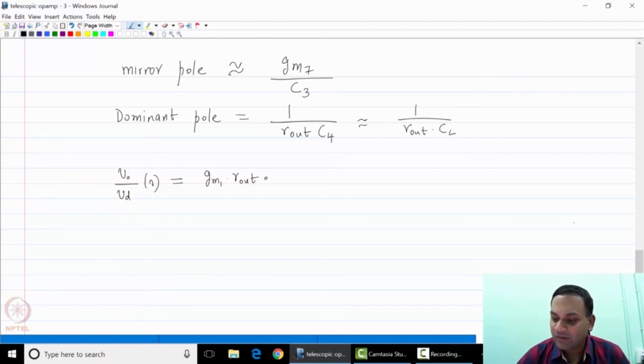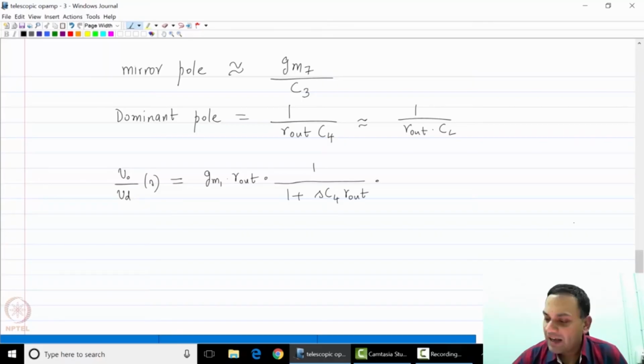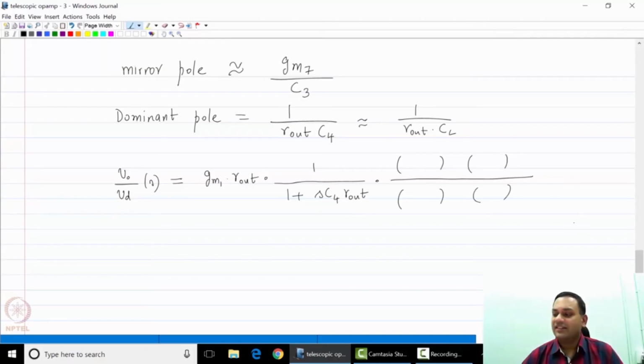I know that I am going to have at least one pole, which is 1 plus S C4 R out, and I'm going to have a bunch of zeros and a bunch of other poles. So these are the poles and these are the zeros.